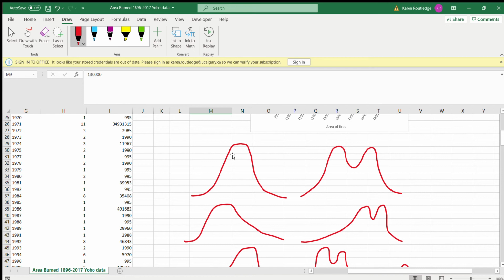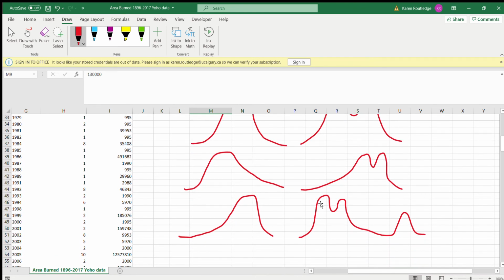So here we have one mode, so we call it unimodal, one mode. This would be bimodal, 2 modes. And down here we would have a trimodal, but really we just say multimodal after that. So we have uni for 1, bi for 2, and multi for anything greater than 2.